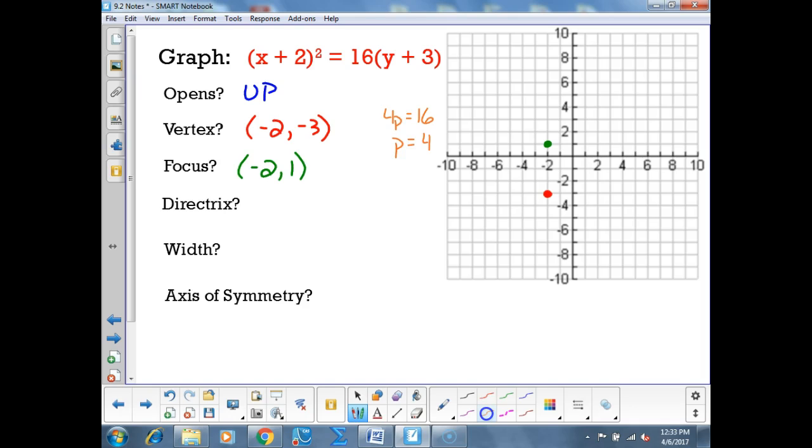That means my directrix is down 4 from the focus. 1, 2, 3, and 4. So that gives me the line y equals -7.